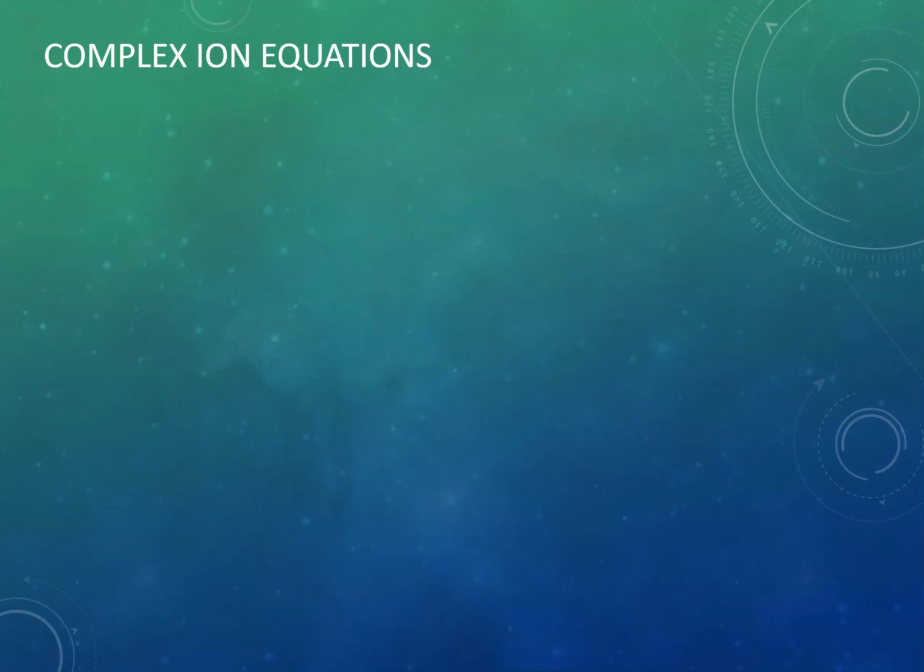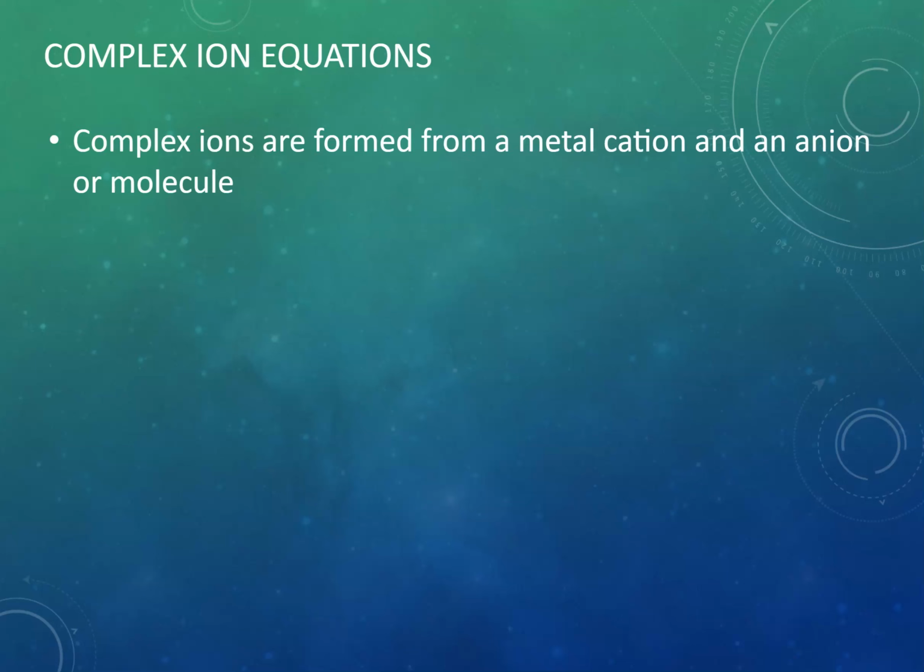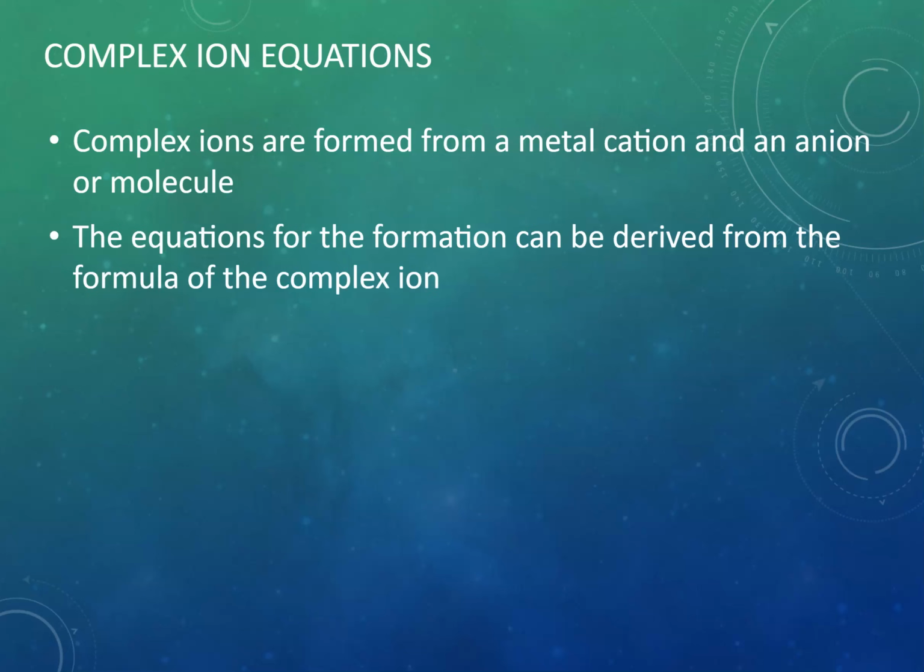Now the equations, they look really horrible and scary, but all the data that you need is provided in the formula for the complex ion. Okay, so it's formed from a metal cation and either a series of molecules or anions. And you can always figure it out.